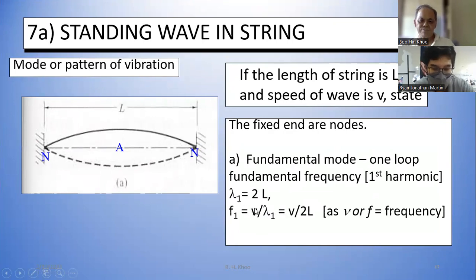And the frequency is v over lambda 1, so v over 2L. So that is the fundamental frequency. Sometimes people will use a Greek letter like nu, or we use the English letter f for frequency, same thing.